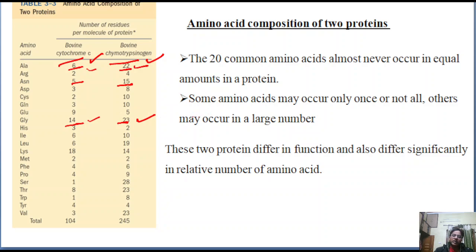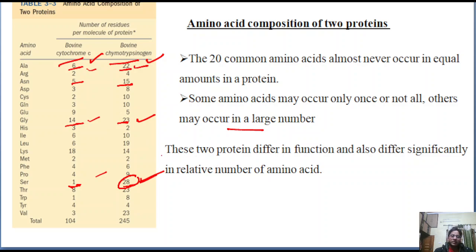Some amino acids may occur only once, like serine. Here it is just one, whereas in bovine chymotrypsinogen it is 28. So there is a huge variation in the number of amino acids.